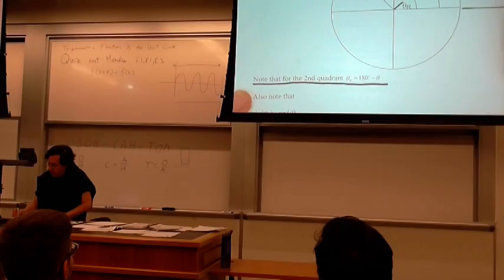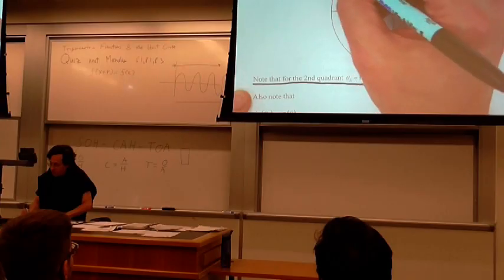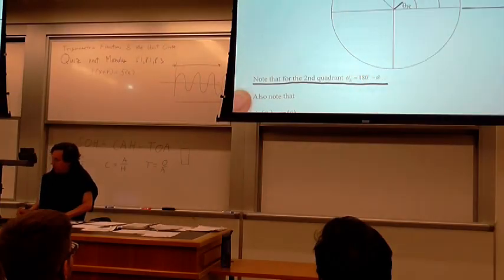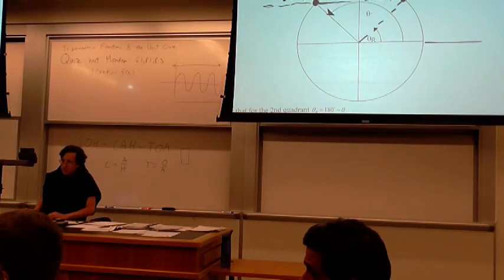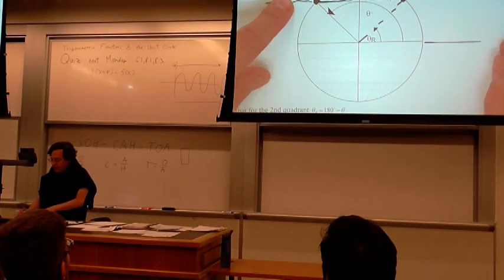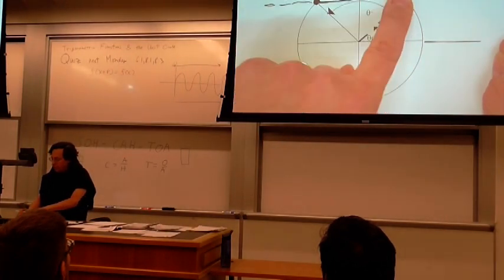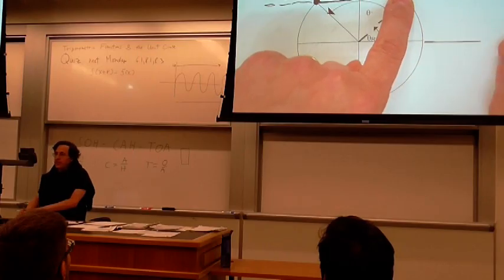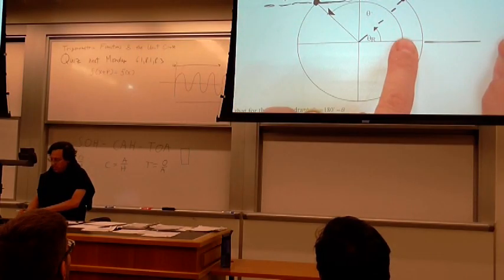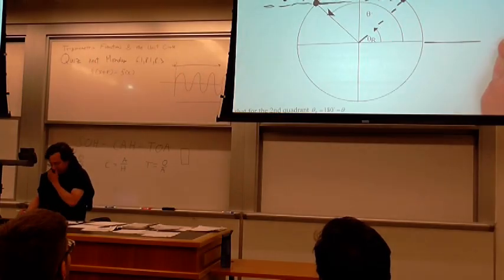Now, again, if you look here at the cosine and the sine, which are the coordinates, what's going to happen? The y value, which is the sine, is going to be the same, but the cosine value is going to be the opposite.